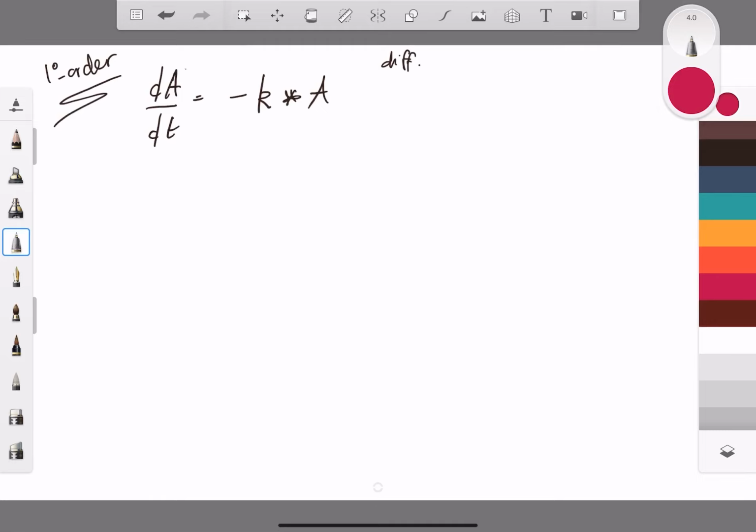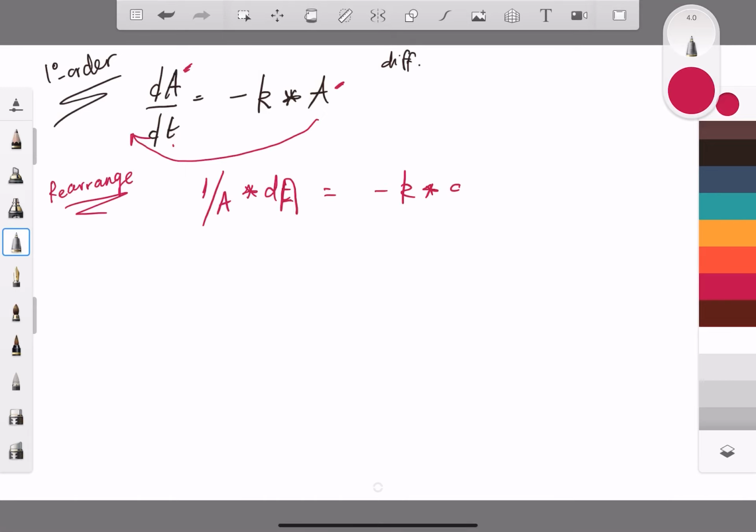To deal with it, we need to have similar terms on the same side of the equation. So we will rearrange the equation to have 1 over A multiplied by dA equals minus k multiplied by dt.